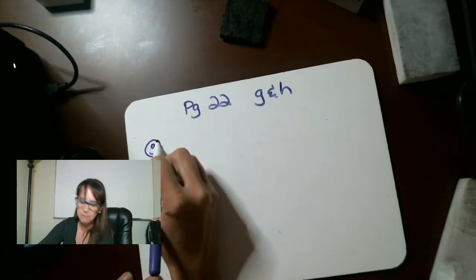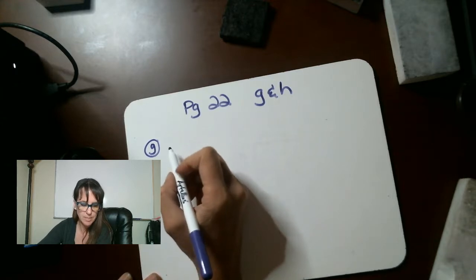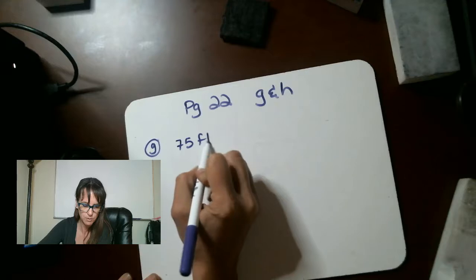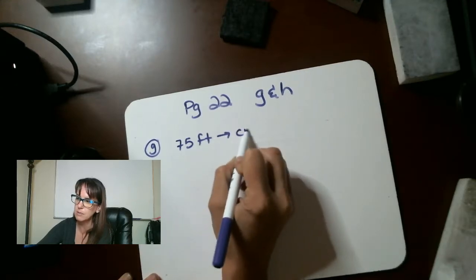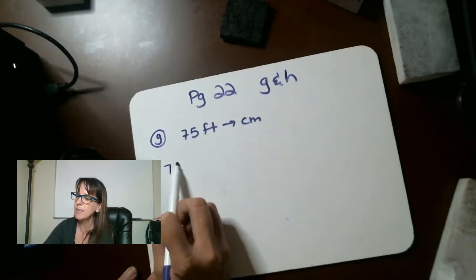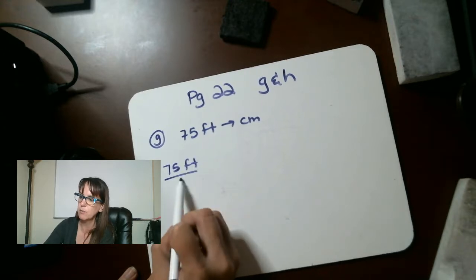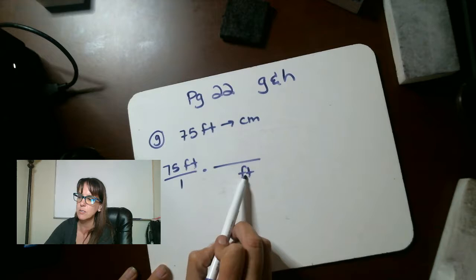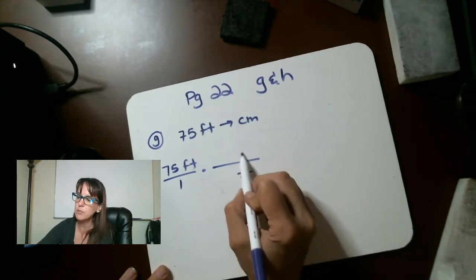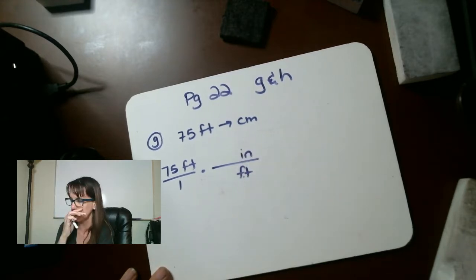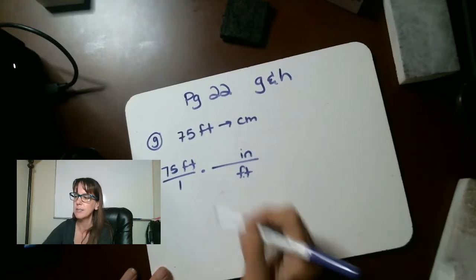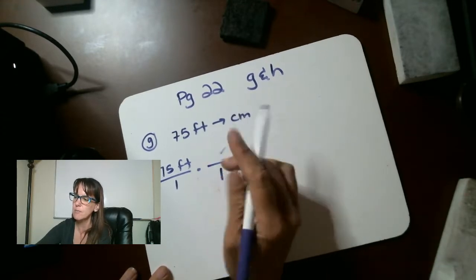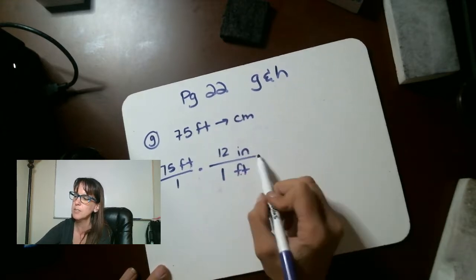So for G, it says use 2 unit multipliers to convert 75 feet to centimeters. So we have 75 feet, we're gonna put that over 1 times, feet are gonna go on the bottom here because I wanna cancel those out. And I can't go from feet straight to centimeters because I gotta use 2 unit multipliers. So I'm gonna do inches. In 1 foot, there are 12 inches.